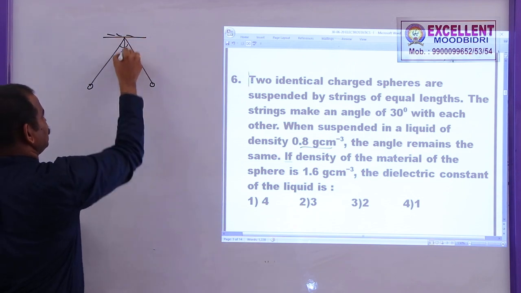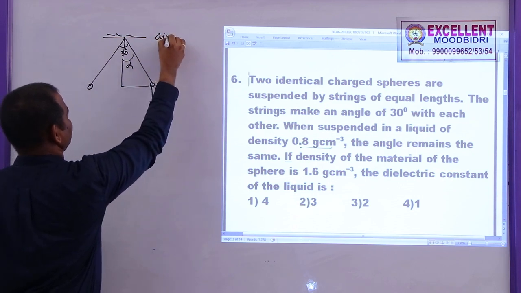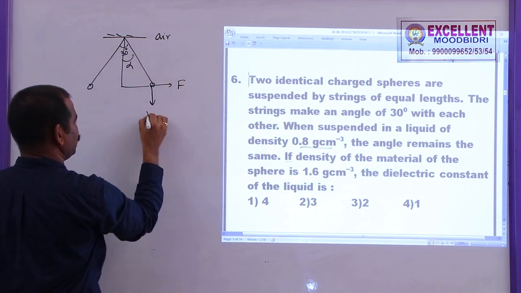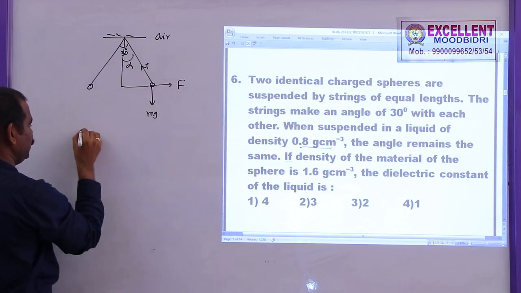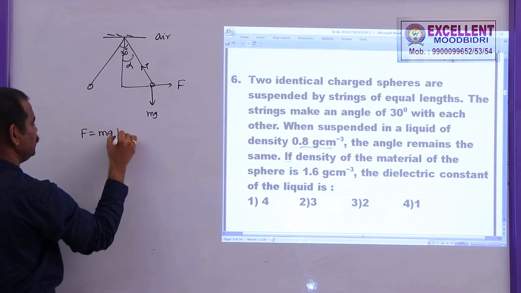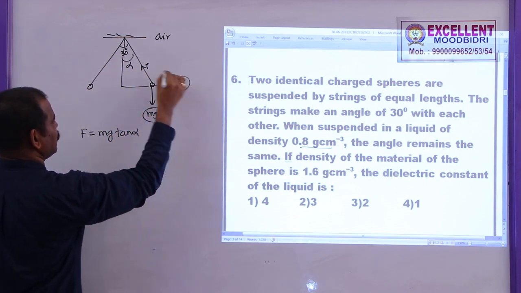Now, let us say this angle is alpha, and the forces acting when they are suspended in air are the repulsive force, the weight, and the tension. So the relation between these three, F is equal to mg tan alpha, that is downward force, horizontal force, and angle.